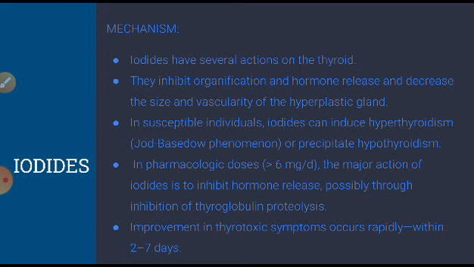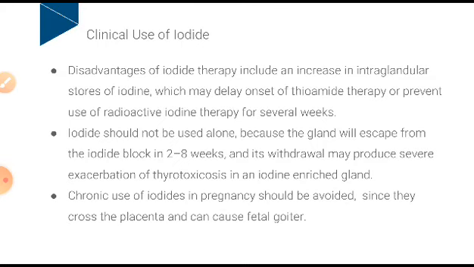In susceptible individuals, iodide can induce hyperthyroidism, which is also called the Jod-Basedow phenomenon, or precipitate hypothyroidism. In pharmacologic doses, more than 6 mg per day, the major action of iodides is to inhibit hormone release, possibly through inhibition of thyroglobulin proteolysis. Improvement in thyrotoxic symptoms occurs rapidly, within 2 to 7 days.